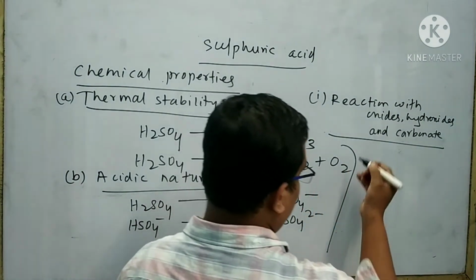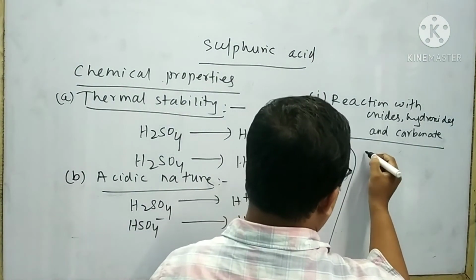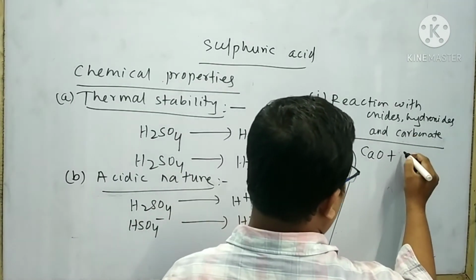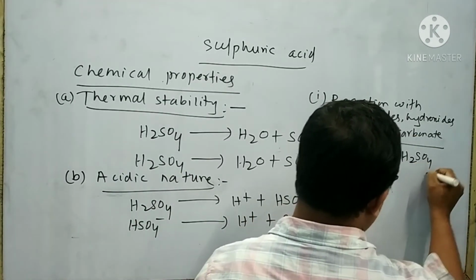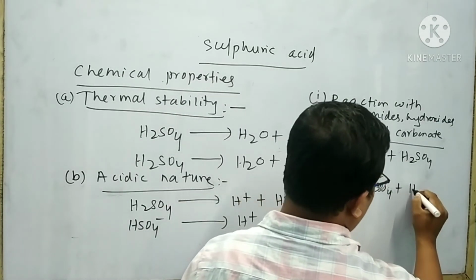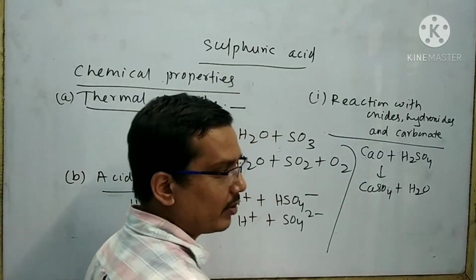Now I will take an example of oxide. Suppose I take calcium oxide. When calcium oxide is subjected to reaction with sulfuric acid, then calcium sulfate and water are formed.